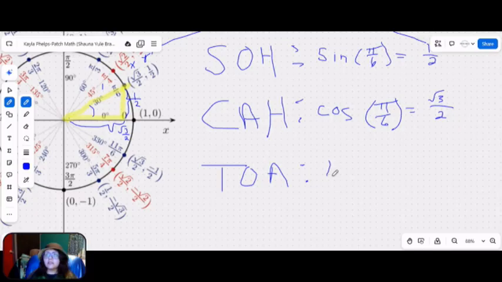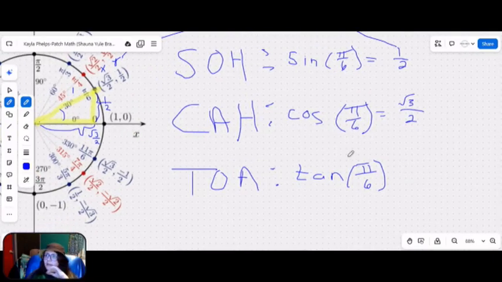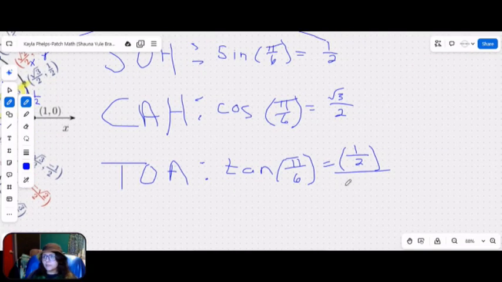We find that the tangent of that angle, tangent of pi over 6, is equal to that opposite. Well, opposite is 1/2 over adjacent. Our adjacent is square root of 3 over 2.